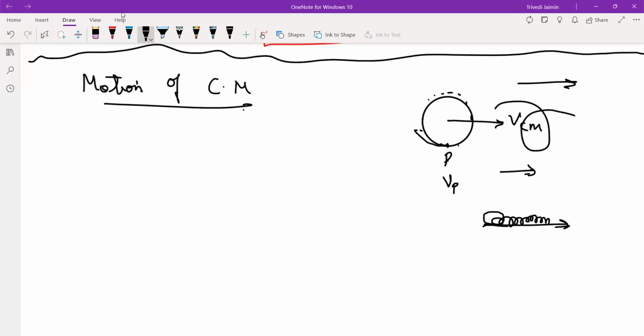At each point there will be two velocities: one in the direction of motion, and one which is making it roll. That is also a velocity, with respect to the center of mass. That is what we are going to discuss here.